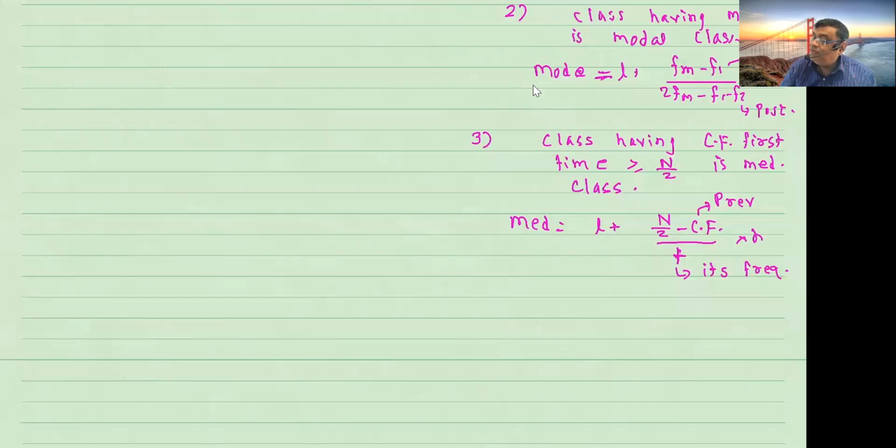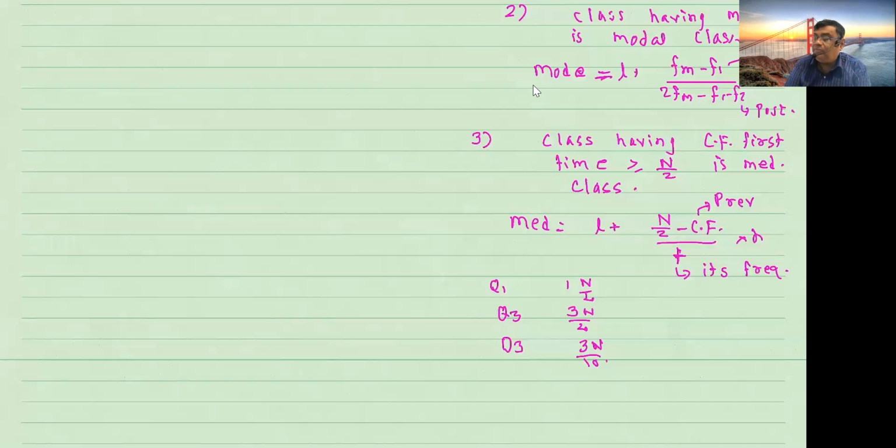तो फिर ये हो गया मीडियन. Now, like median, for the first quartile you will search for 1n by 4. For the third quartile, you will search for 3n by 4. For the third decile, you will search for 3n by 10, and so on.